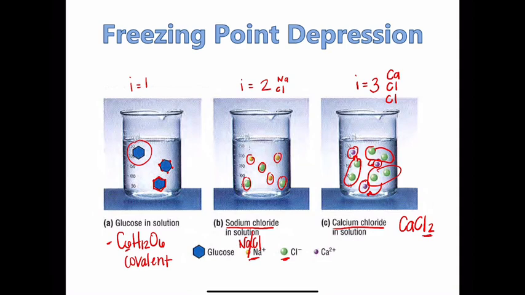Okay? So what this means is if you put equivalent amounts of glucose, sodium chloride, and calcium chloride in a solution, the calcium chloride is going to have 3 times the effect of glucose. The sodium chloride is going to have 2 times the effect of glucose, okay?